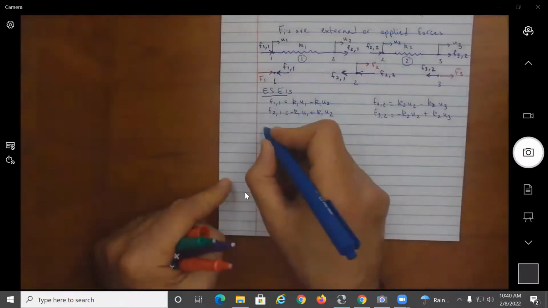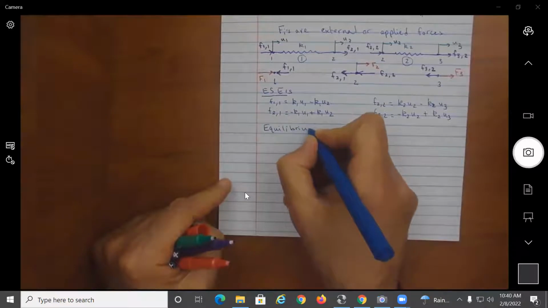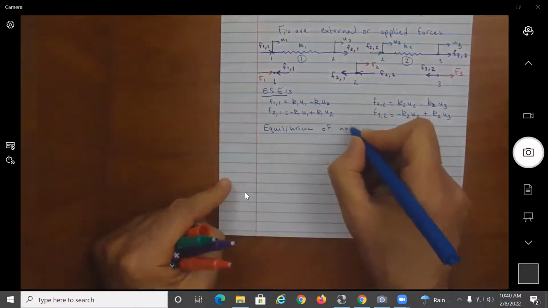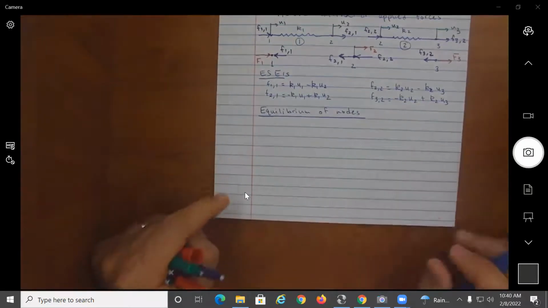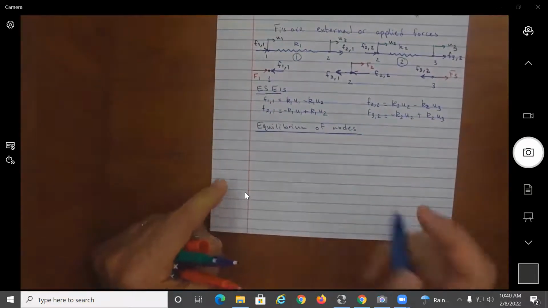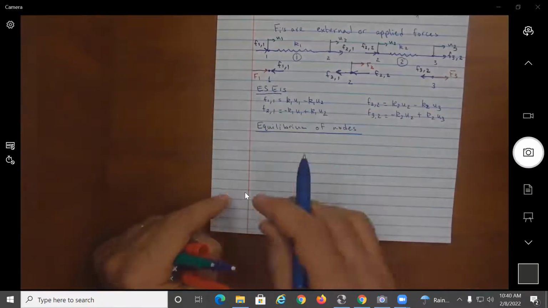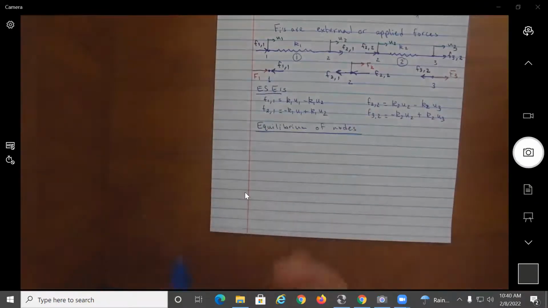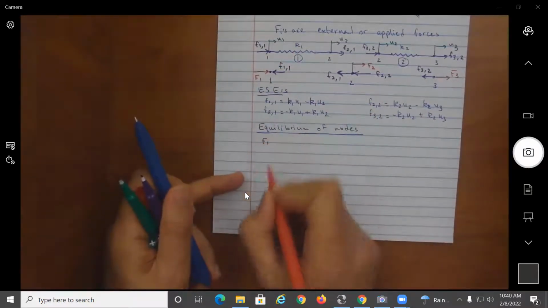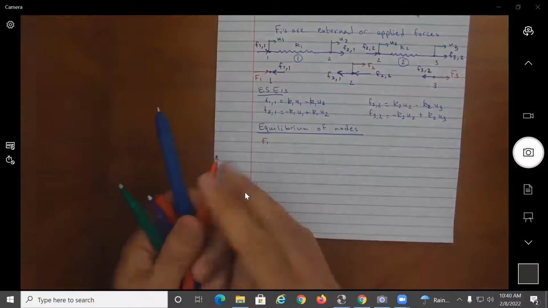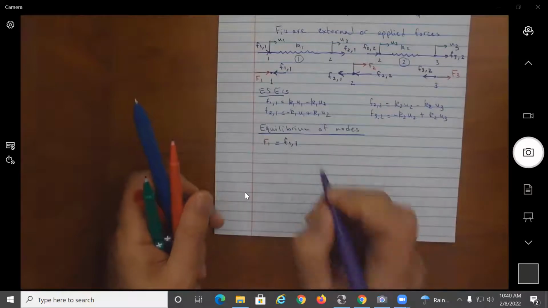Next, we're going to look at equilibrium of the nodes. If I look at node 1, I can conclude that in order for node 1 to remain in equilibrium, F1 has to be equal to F11.